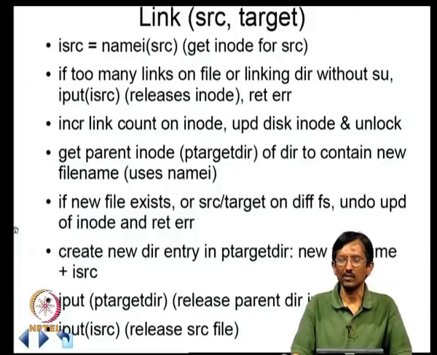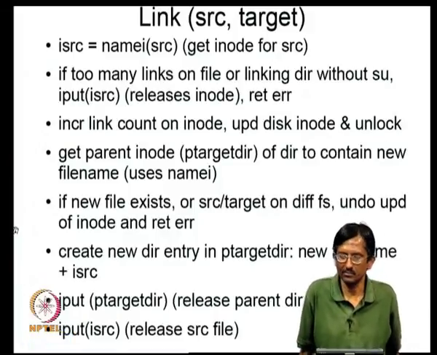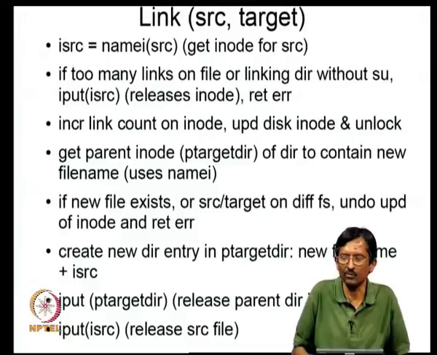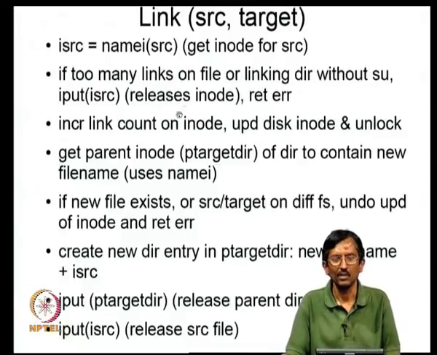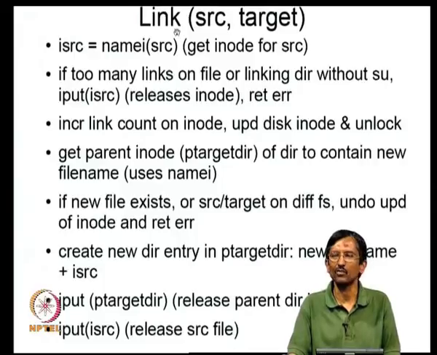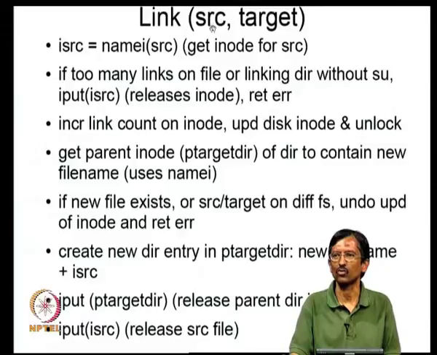Let us just quickly look at one particular operation to make certain things a bit more concrete, to see how it looks. In POSIX kind of file systems, you have a notion of a link, and basically what is attempted is that there is a source file and you want to create a name in a particular directory which has the same inode as that of the source.